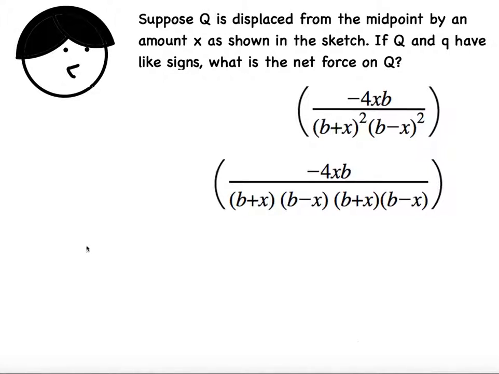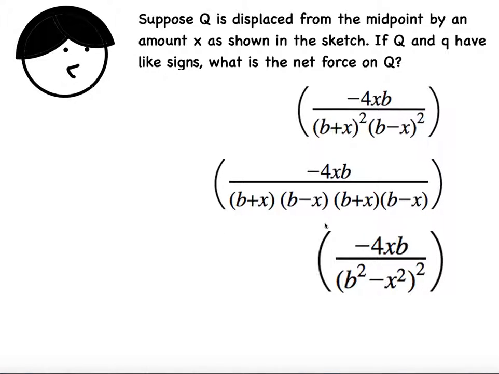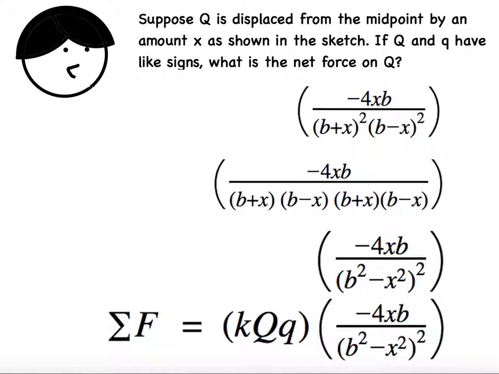Then you can simplify the bottom by getting these sums of squares, and then you can simplify those to get this. You can keep going. Now we're going to take this, put it back into the original equation, and multiply again by kQq.